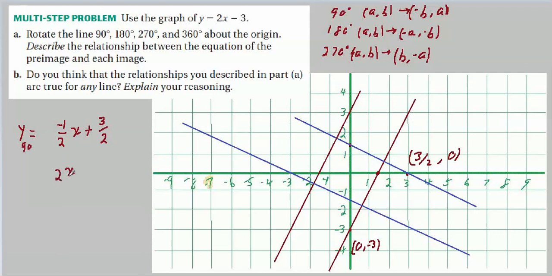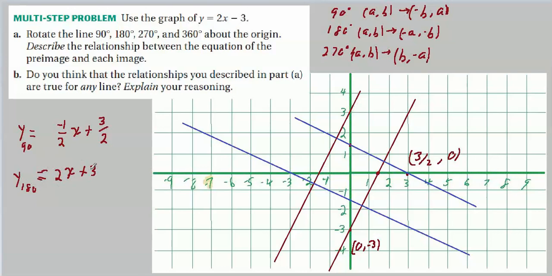The slope is 2, just like for the original line, but what's the y-intercept for this one? Pardon me, the y-intercept is up here. It's 3. And that's y sub 180. So all we've really done is change the plus 3 to a minus 3.